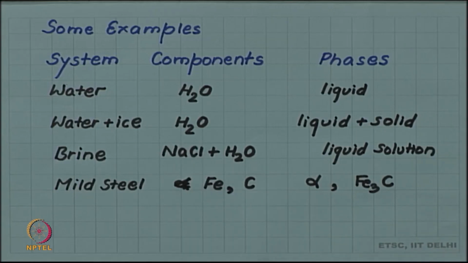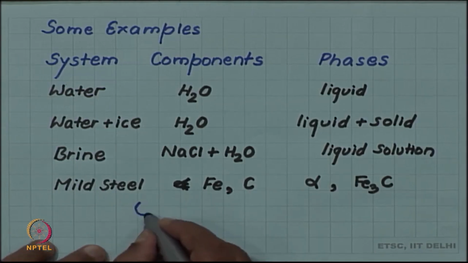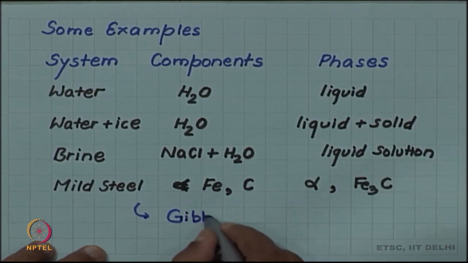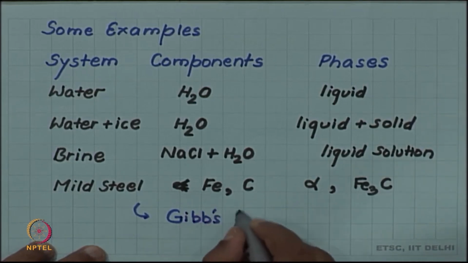Of course, there are constraints on this variation, which gives us a rule which is called the Gibbs phase rule, which we will have opportunity to discuss later.